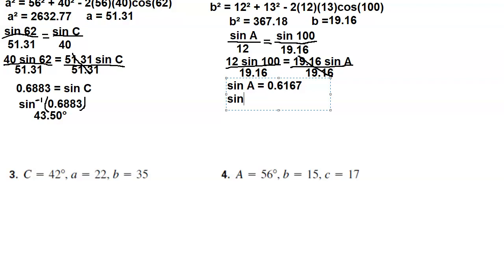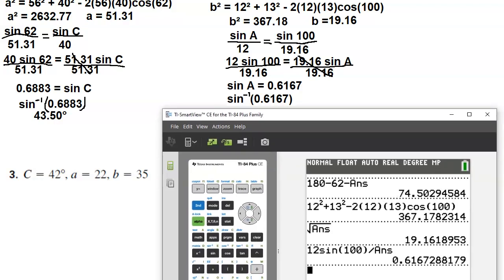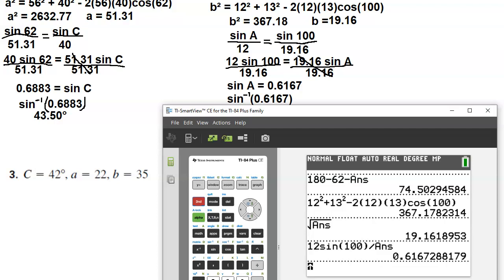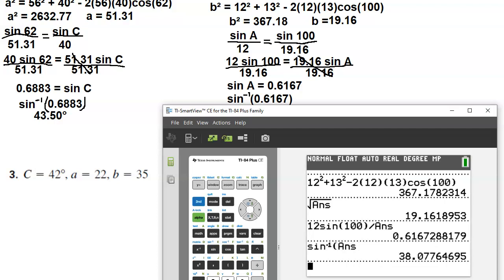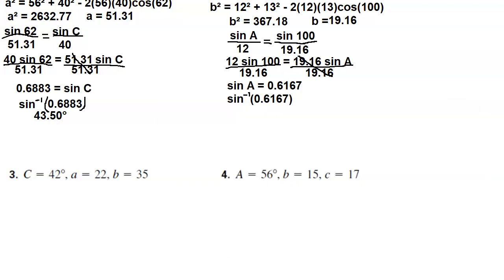And then remember, we have to do the inverse sine if the angle is the thing that is missing. So we're going to get the calculator to do the inverse trick. We get 38.08 degrees.